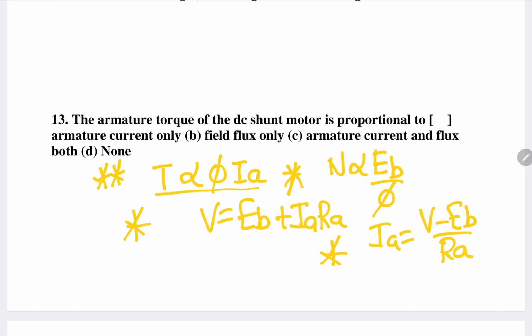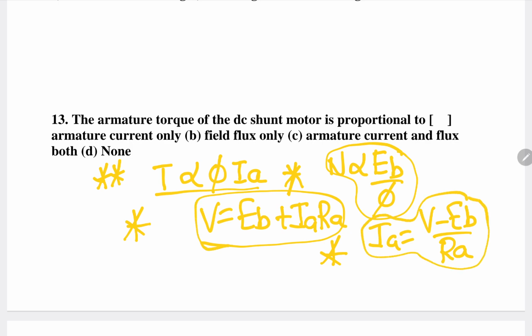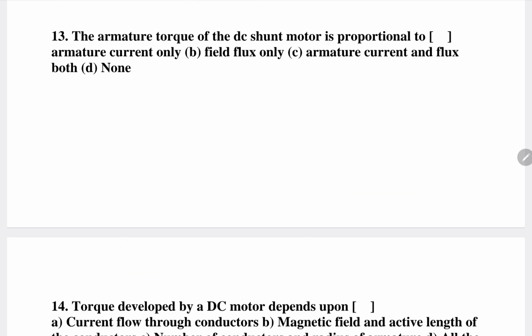Torque proportional to phi Ia, the speed equation N proportional to Eb by phi, the voltage equation V is equal to Eb plus Ia Ra, and armature current Ia is equal to V minus Eb by Ra. By using all these four equations, we can easily analyze the entire DC motor. Now let us see the question. The armature torque of the DC shunt motor is proportional to what?